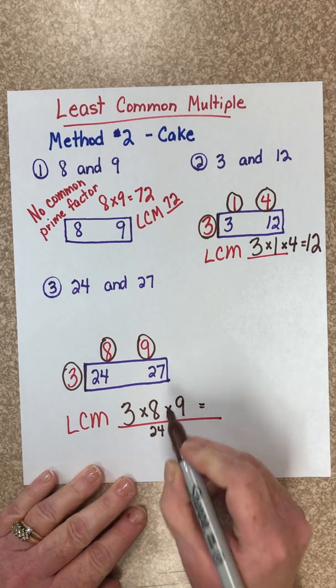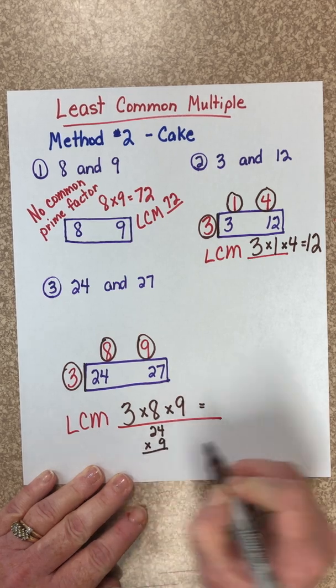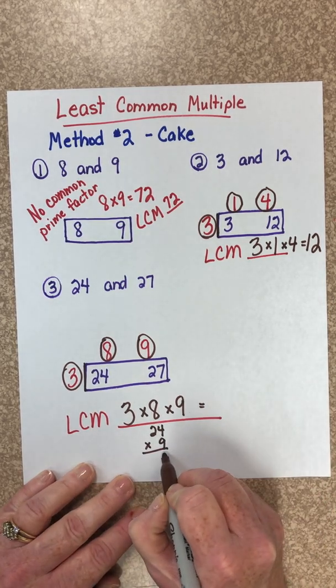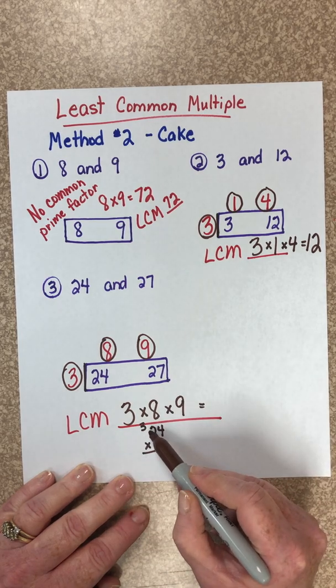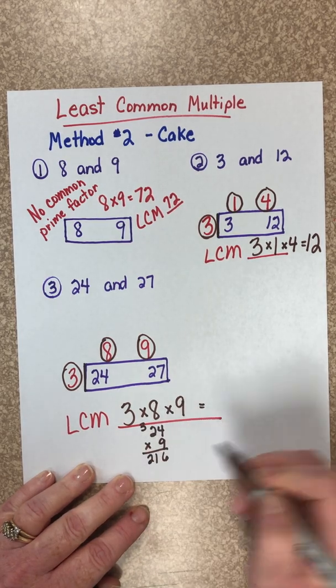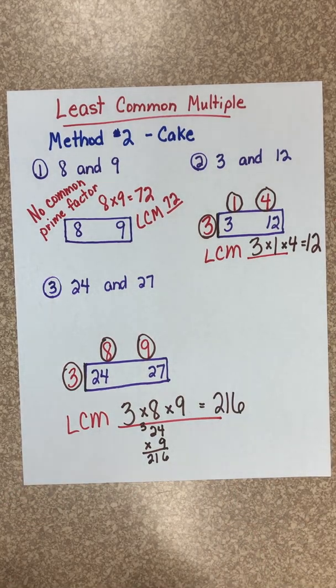And now 24 times 9. Well, 9 times 4 is 36. 9 times 2 is 18, plus 3 is 21. So the least common multiple is 216.